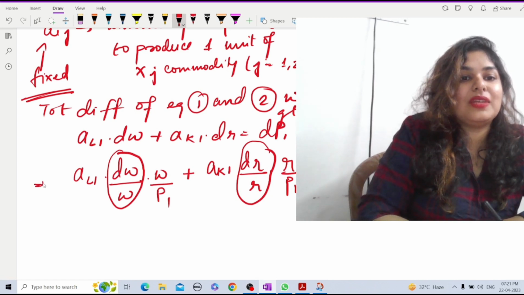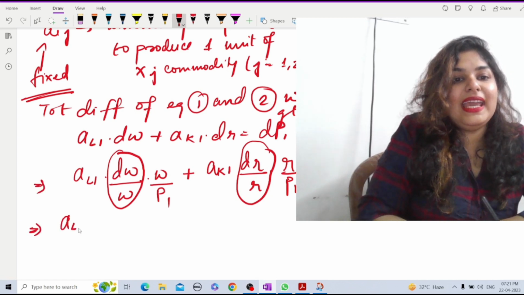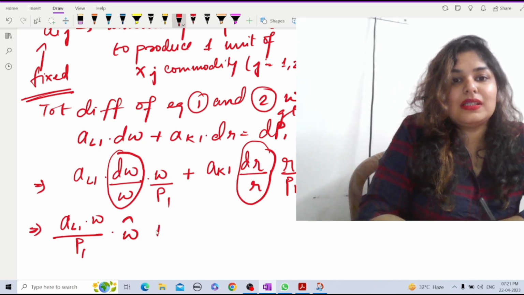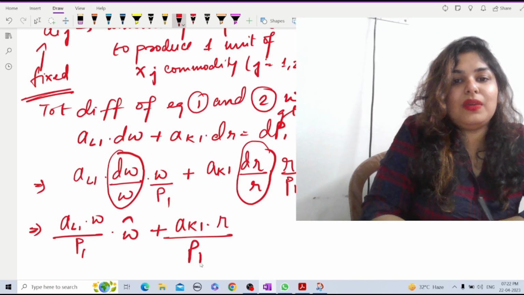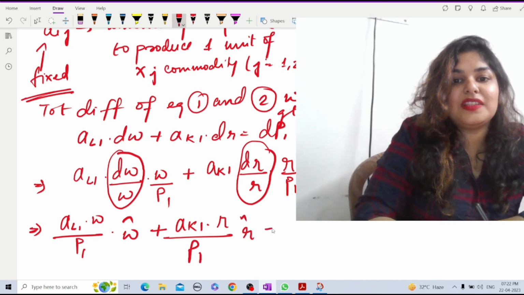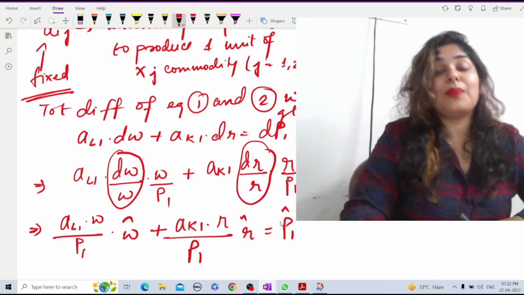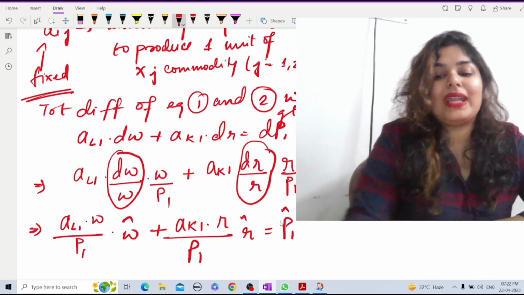So we can write down the next line as AL1 into W by P1 into W hat, plus AK1 into R by P1 into R hat, that is proportionate change in rent, is equal to P1 hat, that is the proportionate change in price of commodity 1.